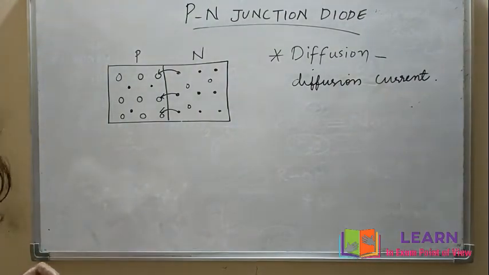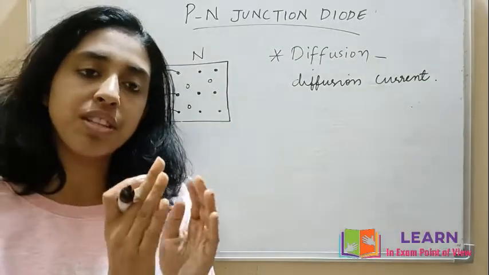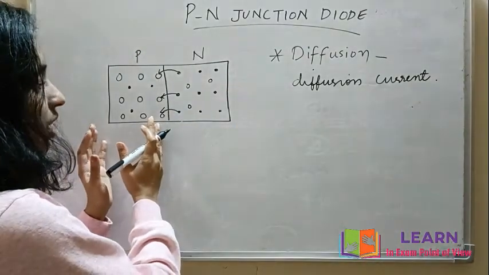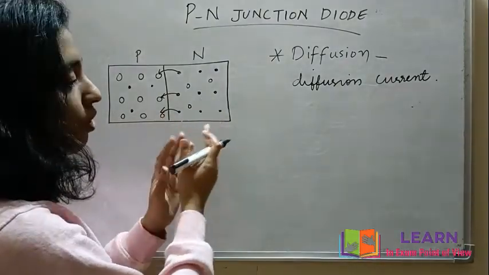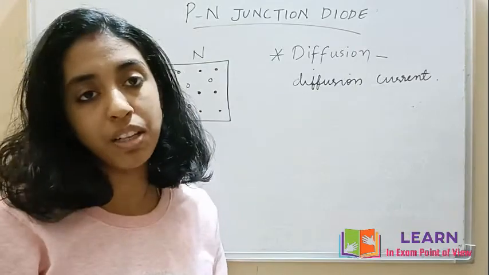Now, next what happens? Due to this diffusion process, a shortage of charge carriers will come here, and here also a respective shortage of charge carriers will come.